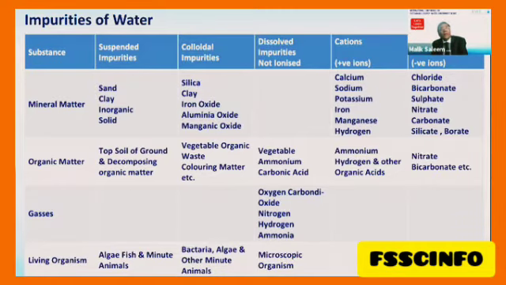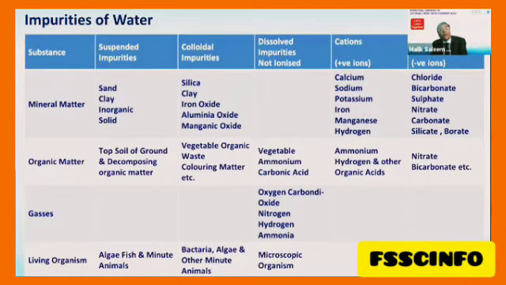On the top columns, you see the substances: suspended impurities, colloidal impurities, dissolved impurities, cations, and anions. These are generally the water composition foreseen in the various sources of water.